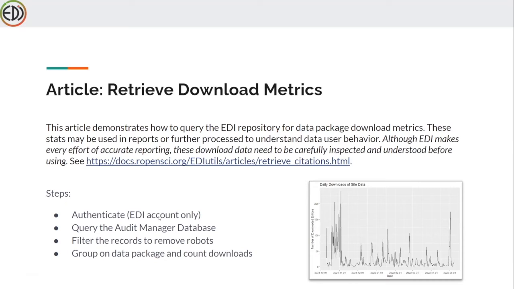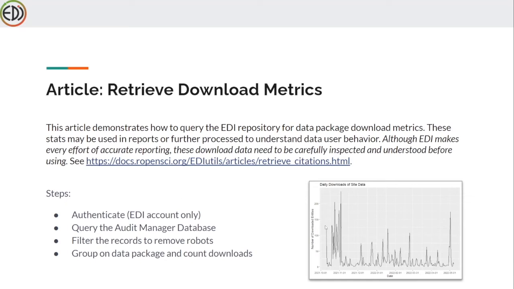As Mark mentioned, you need to have an EDI account to access the Audit Manager database. You construct a query to the database to get back all the records of interest, and then you do some munging of filtering the records and grouping into a meaningful unit for yourself.